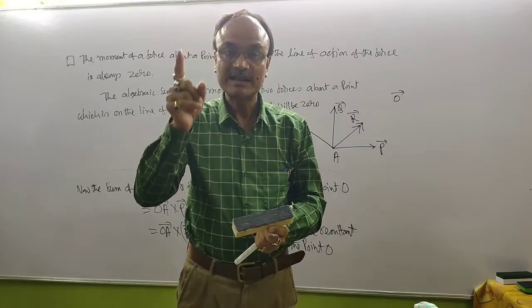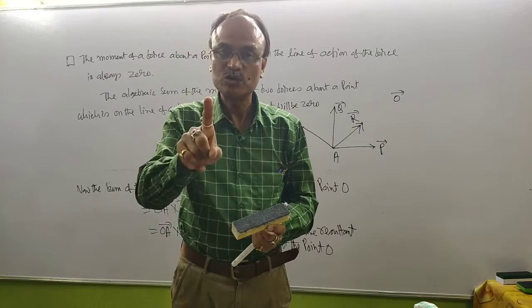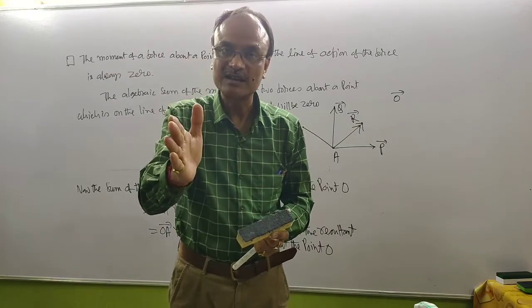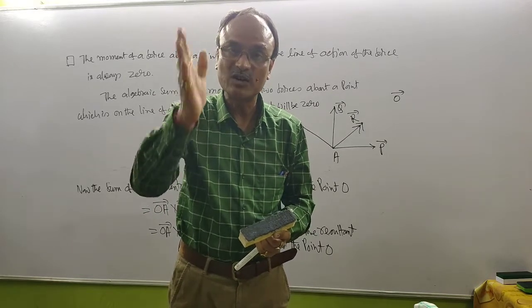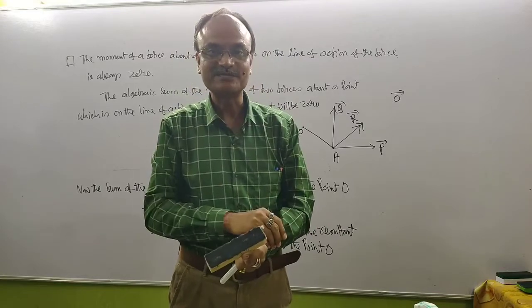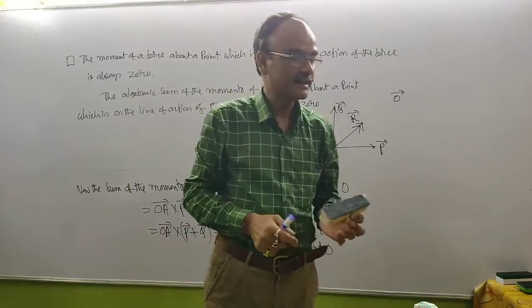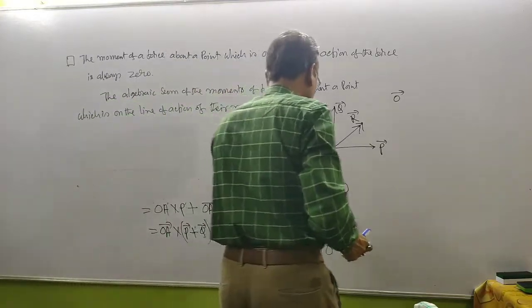Number one, the forces must be in equilibrium. Number two, the point must lie on the line of action of the resultant, or in other words, the resultant must pass through that point. You see this one, through that point.